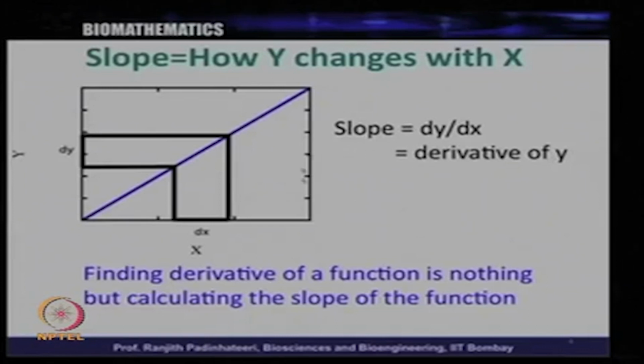We also learned that finding the derivative is like finding the slope of the function. Let us understand this a bit more carefully. We had some function, so let us plot it here. It was linear, and we wanted to get the derivative.